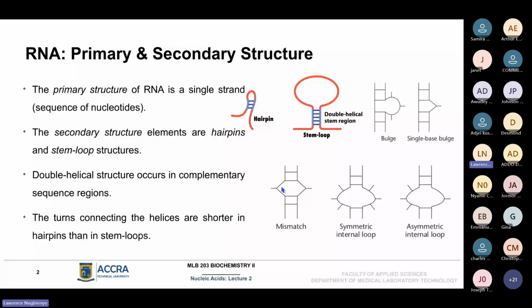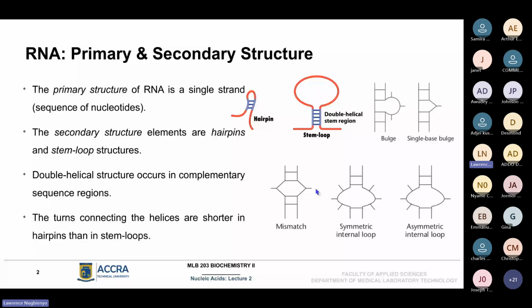They will not have any hydrogen bonding between them. Or you have adenine and then you have cytosine. So even though you have bases that are opposite each other, they are not complements of each other, and so there will not be any hydrogen bonding between them, and they bulge out. That is what is being referred to as a mismatch.